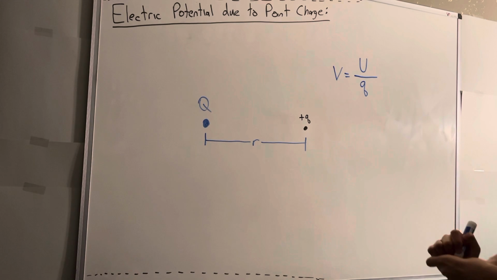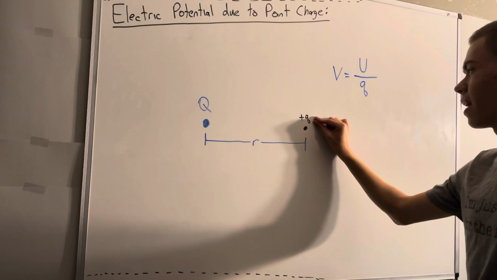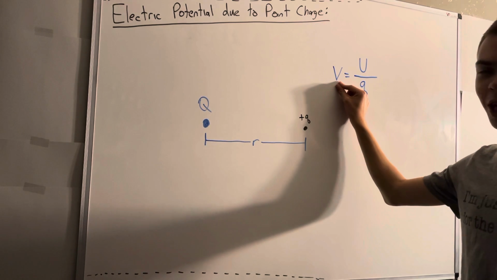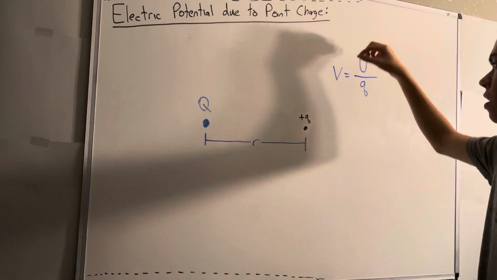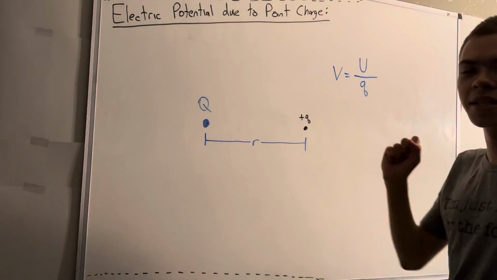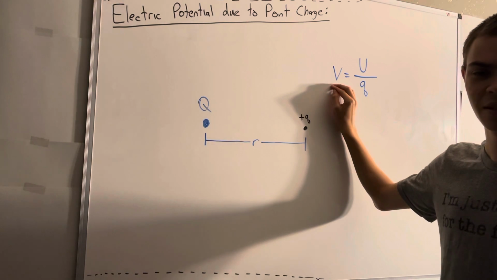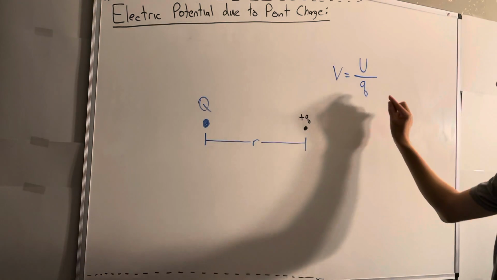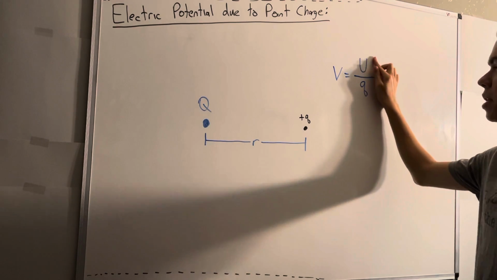And so you might be thinking, as we increase the value of our test charge, we should expect a decrease in the electric potential, because we're increasing the value of our denominator. But that's not what actually happens. Electric potential will actually remain constant, because as the value of our test charge increases, so does the electric potential energy.